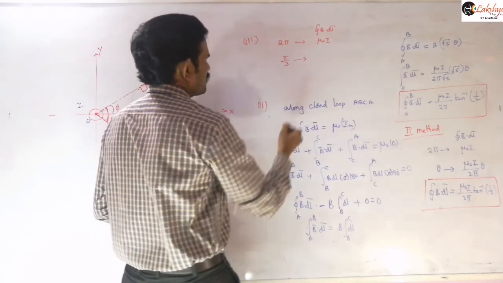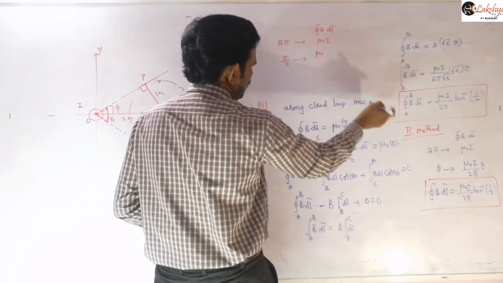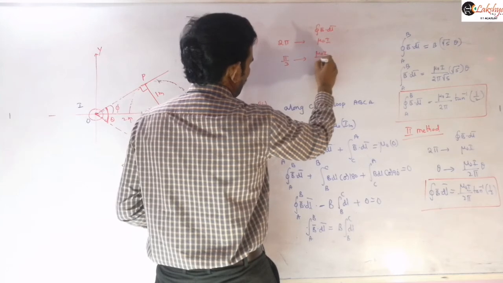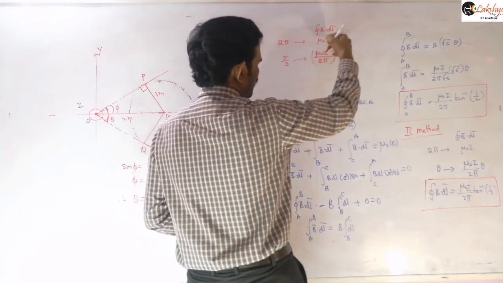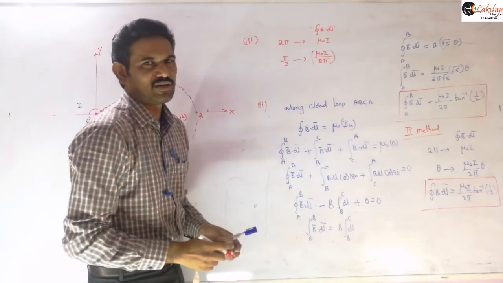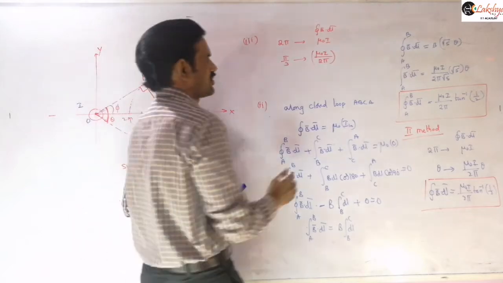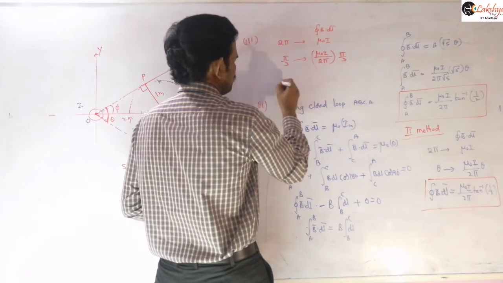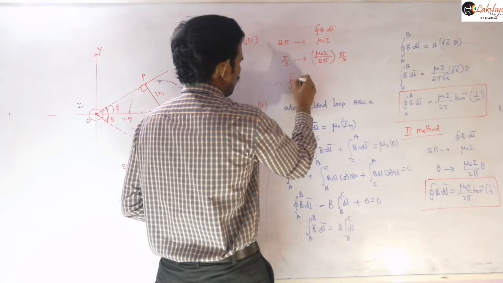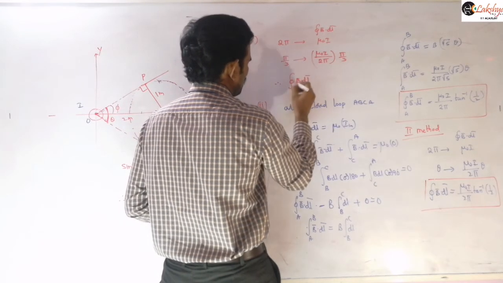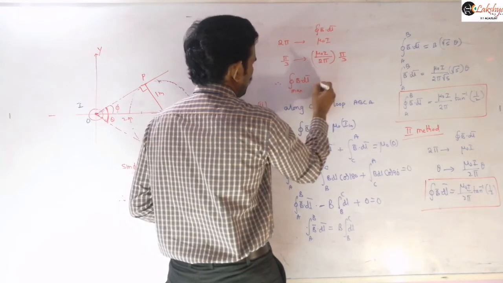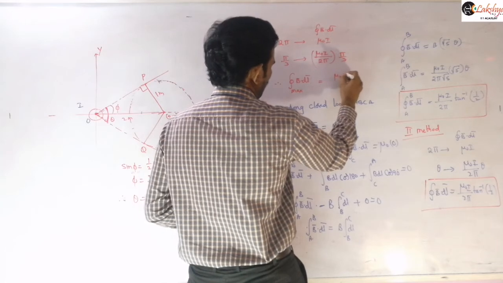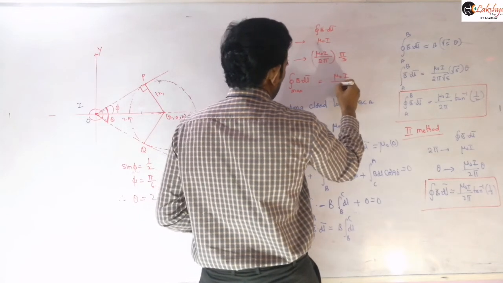So for pi by 3 in a similar way, mu naught I by 2 pi is the integral of b bar dot dl bar per unit radian, into this pi by 3. Therefore the maximum value of the integral of b bar dot dl bar is mu naught I by 6.